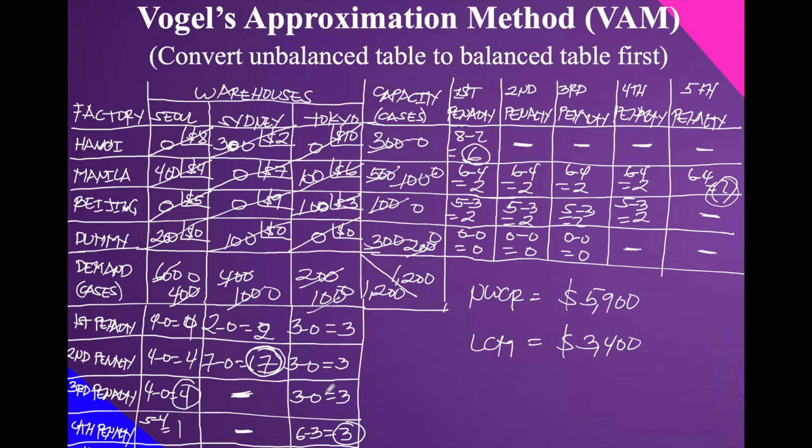Itong 3,400, kaya mo pa palang paliitin. No? Akala mo maliit na yun, pero may ililiit pa siya. No? And that is actually by using the VAM or the Vogel's approximation method, which is nagbigay sa atin, based sa ating sagot kanina, that is 3,100. And this is actually our optimal solution.